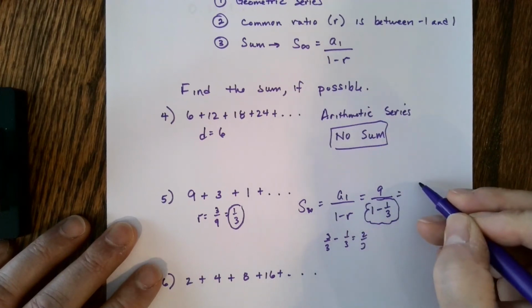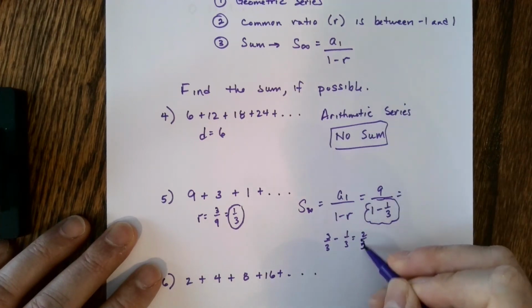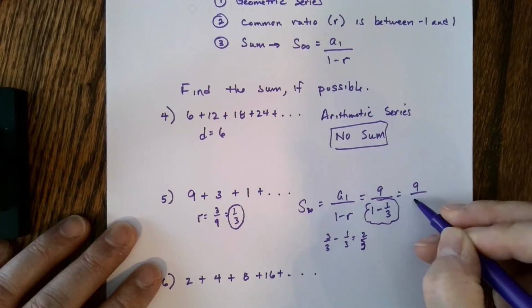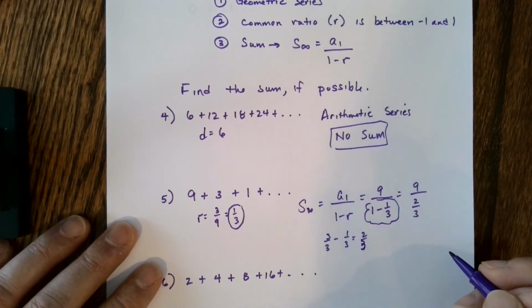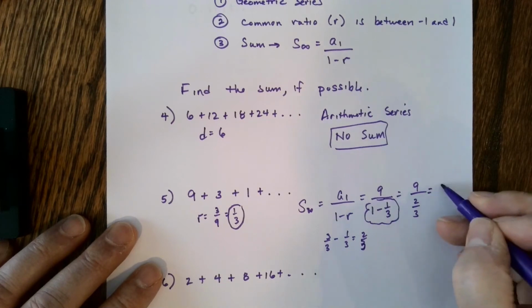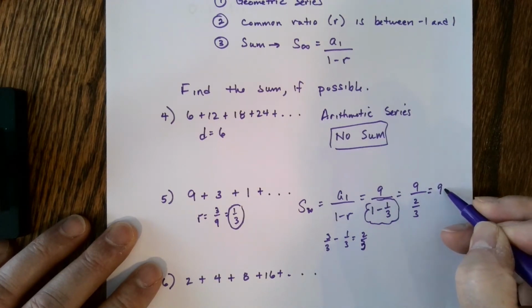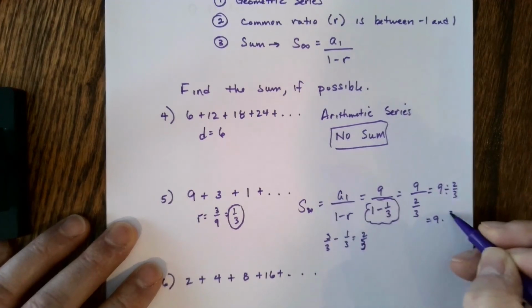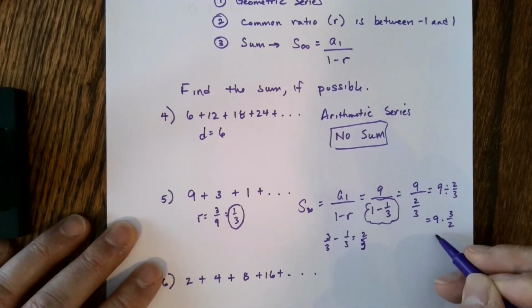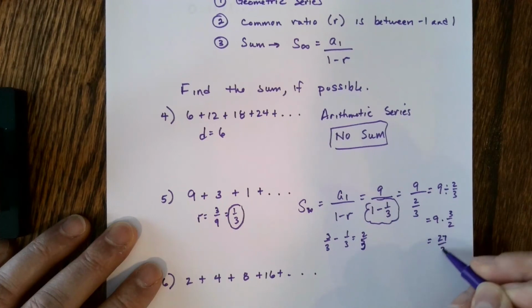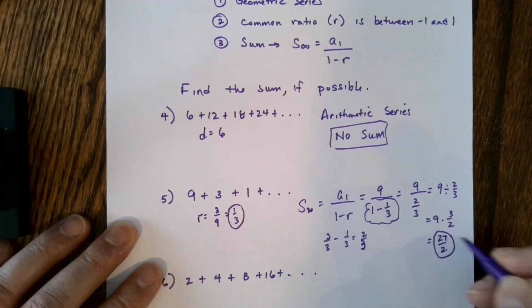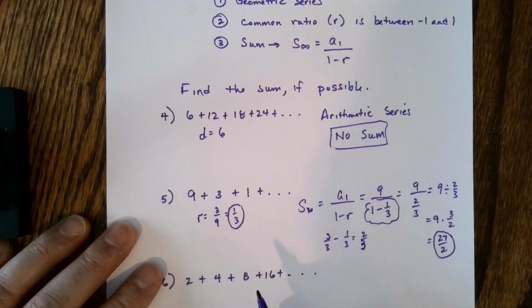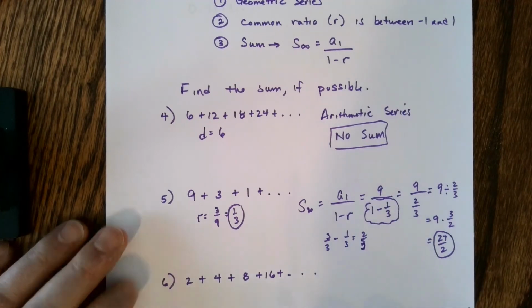So this becomes 9 divided by 2/3. Once again, this simply means 9 times 3/2, which becomes 27 over 2. So the sum of this geometric series will be 27 divided by 2.